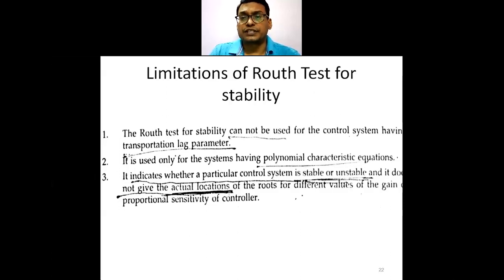It is used only for systems having polynomial characteristic equations. It doesn't give you the actual location of the roots for different values of gain for the proportional sensitivity of a controller. So this is the Routh stability criteria.